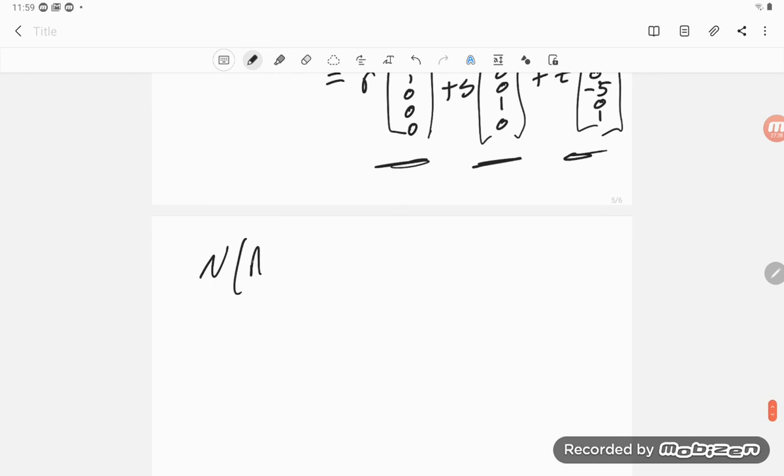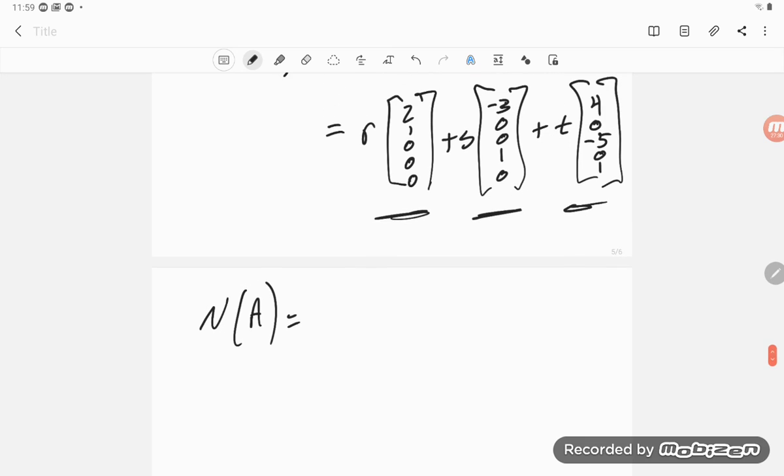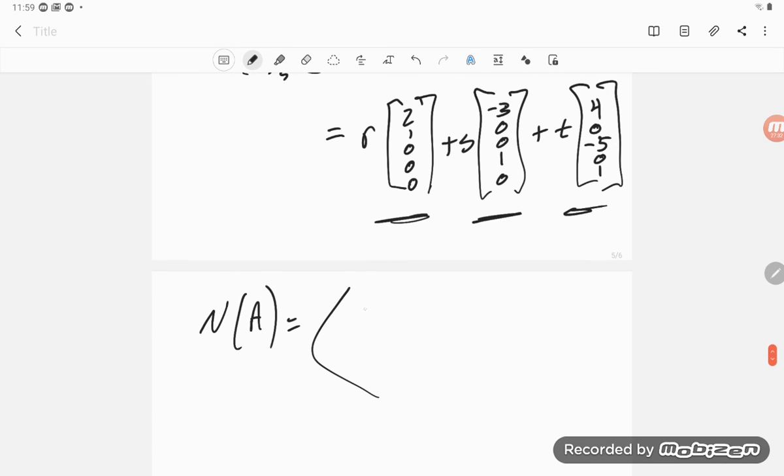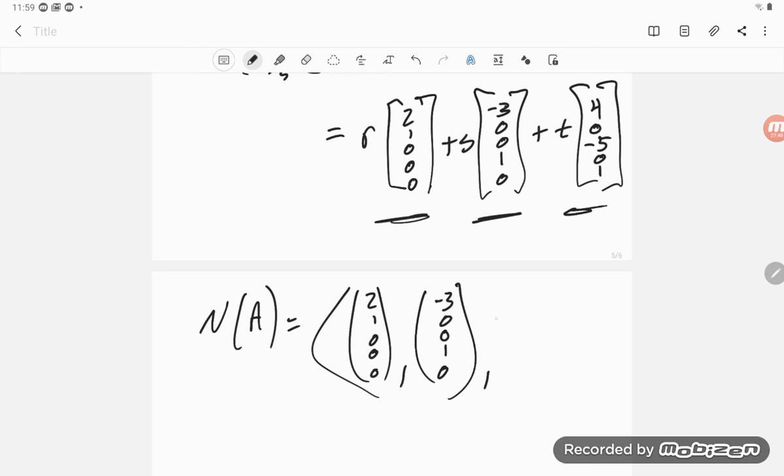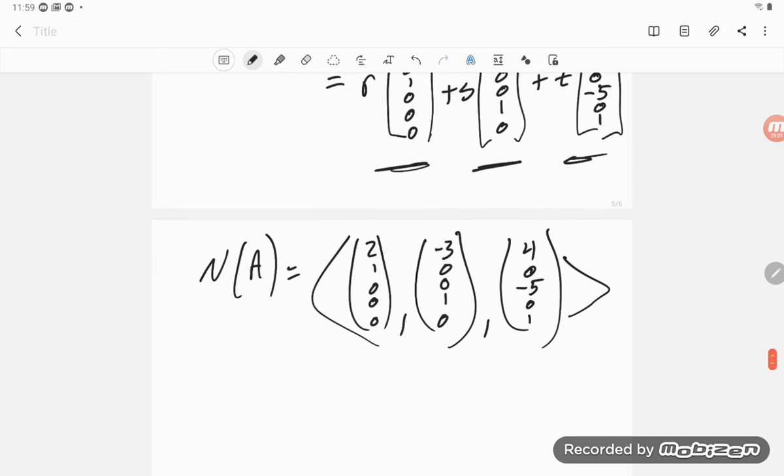So null space of A is generated by the vectors 2, 1, 0, 0, 0. I don't know what A was, but if I had this reduced row echelon form, then I'm in great shape to generate the basis and write down the null space this way. Okay, so there's the null space of A.